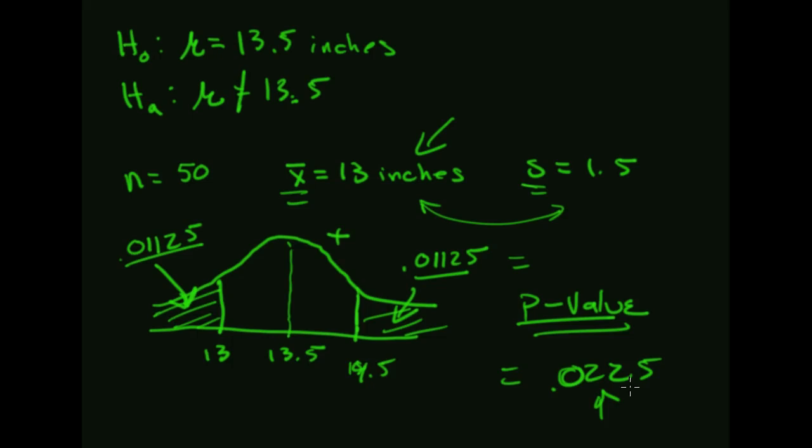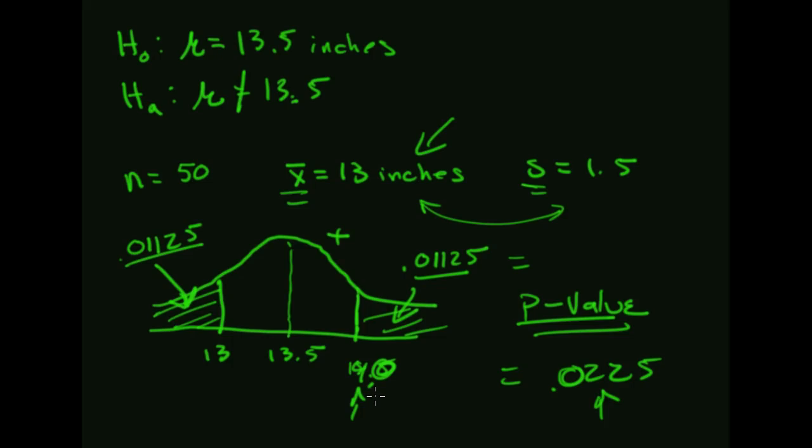You know, that if that mean is true, the probability of me getting a sample of 13 or 14, so that should be 14.0. Sorry, I know that the real number is 14.0. It's the one I use when I do the calculations. So, if the mean is 13.5, the probability of me getting a sample mean of 13 or something more extreme is actually less than 2%.